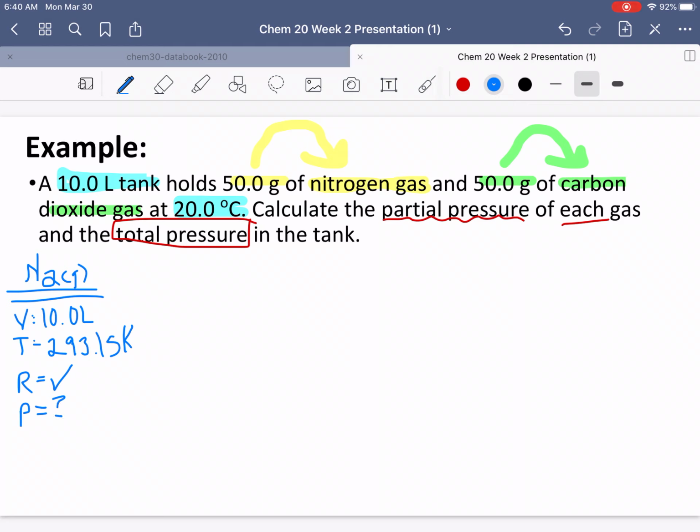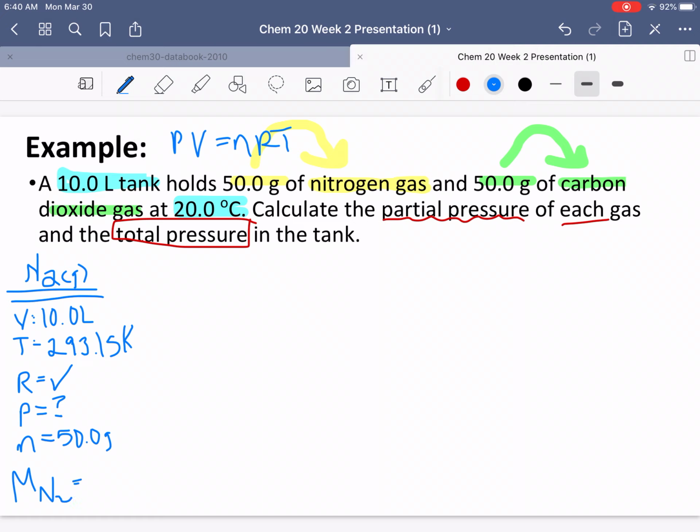Now, we don't have enough information to use PV equals nRT yet. We've got to get n. But there is enough information to figure it out. Mass is given to you, 50.0 grams, and we know the gas, it's N2. So that means you can figure out the molar mass.